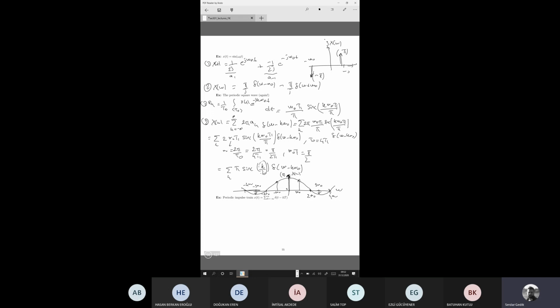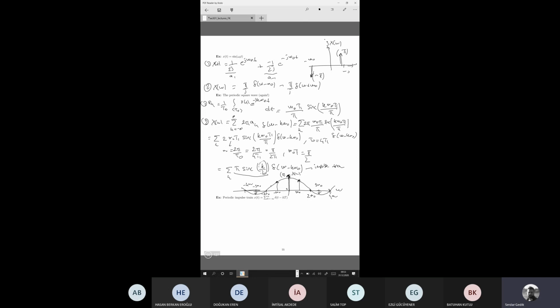And the others are, of course, scaled by the sinc. So this is my Fourier transform for the periodic square wave. It is an impulse train, scaled by pi times sinc. So this is the envelope here.